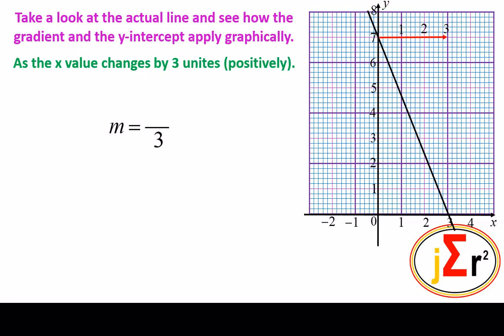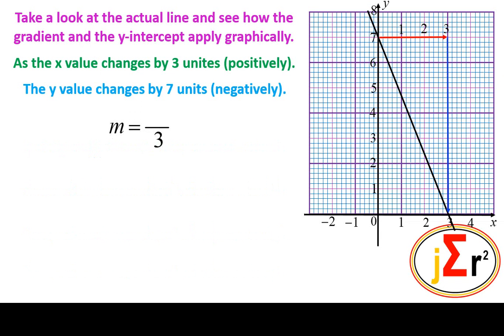Then we are going to take a look at how y changes. So how does y change? The y value changes by 7 units negatively. We have a change in x, and we need to consider now the equivalent change in y.